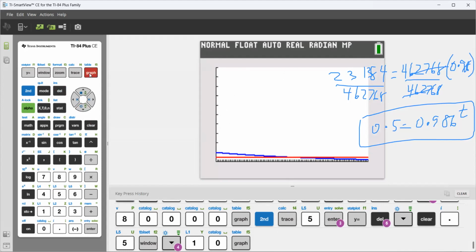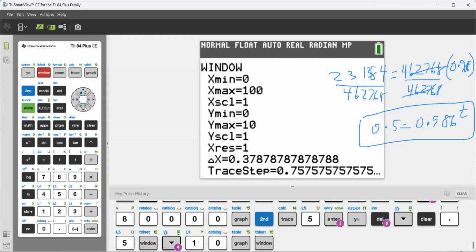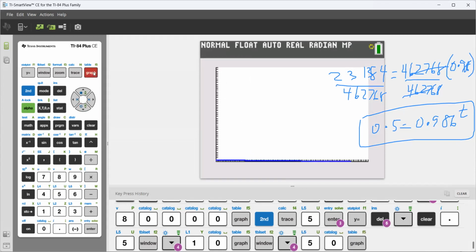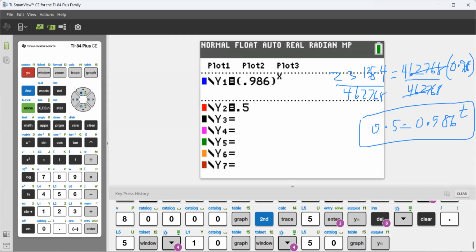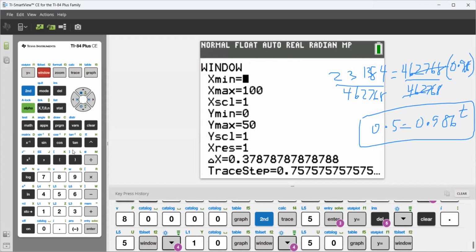Okay, so this is kind of better, but we could do more on that. So let's see, 50, graph. Okay, it's going down. So x is that of window.